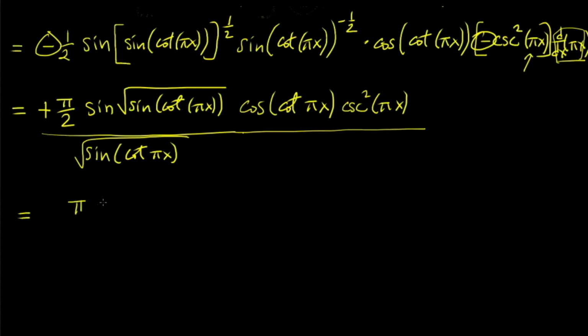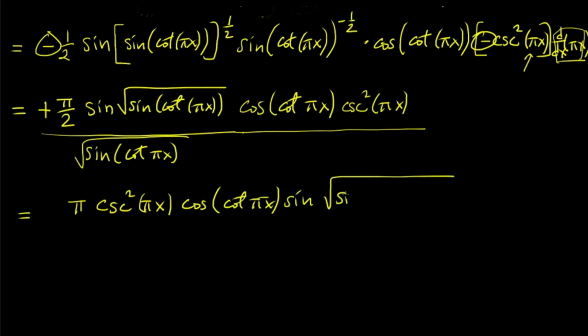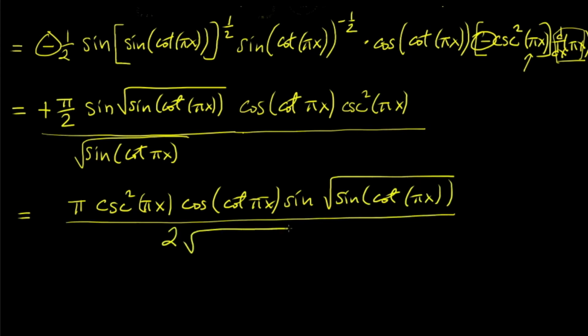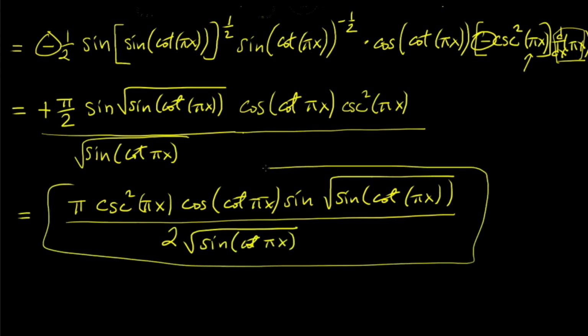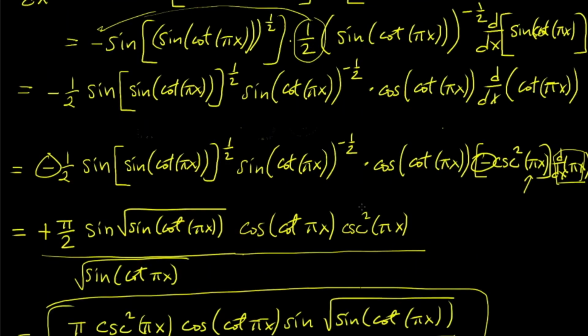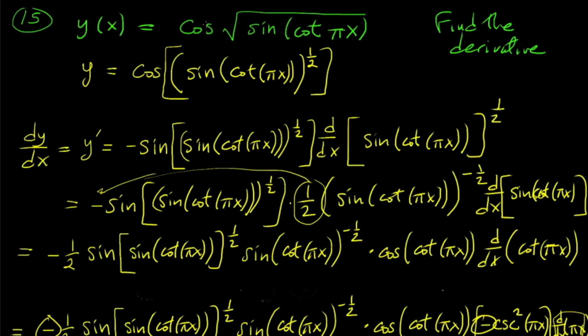So how about if I write pi cosecant squared of pi x times the cosine of cotangent of pi x times the sine of the square root of sine of cotangent of pi x, all divided by 2 times the square root of sine of cotangent of pi x. Like I say, a bit contrived, but it's a function of a function of a function of a function of a function.